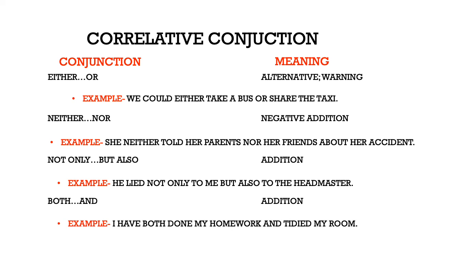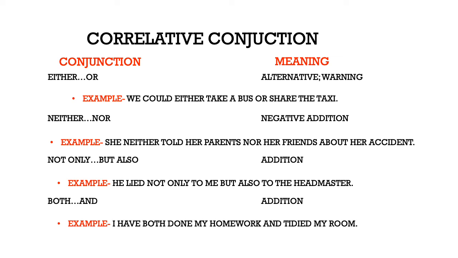Neither nor, it is a negative addition. Negative addition meaning when you are not doing more than one thing. Example, just see. She neither told her parents nor her friends about her accident. So her parents and her friends are of the equal status.